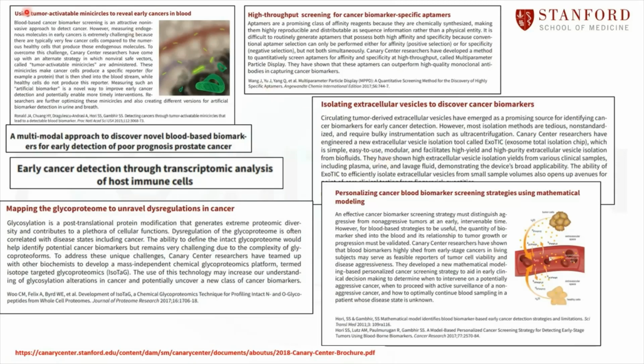By using tumor-activatable minicircles, they can unravel early cancers in blood. And there are different approaches being used for the detection or discovery of novel blood-based biomarkers for early detection of poor prognosis prostate cancer. They are also trying to map the glycoproteome to unravel dysregulation in cancer, and so on and so forth.